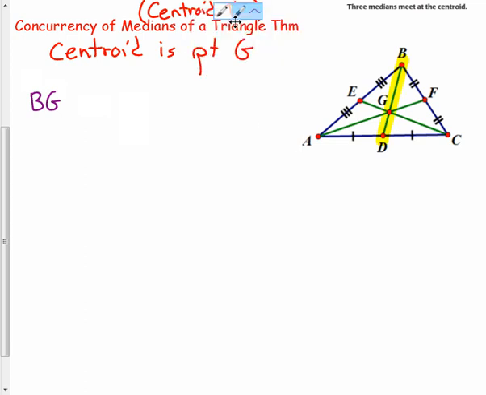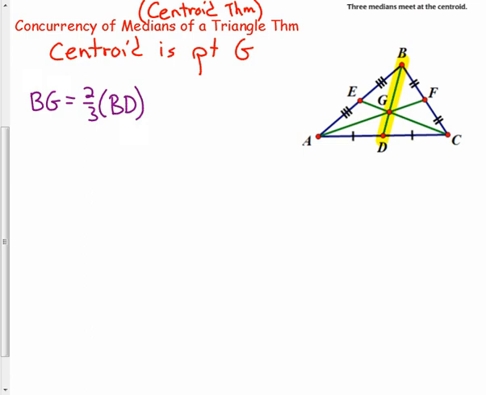The full length of the median would be BD. The length from the vertex to the centroid, BG, is 2/3 of the entire median.